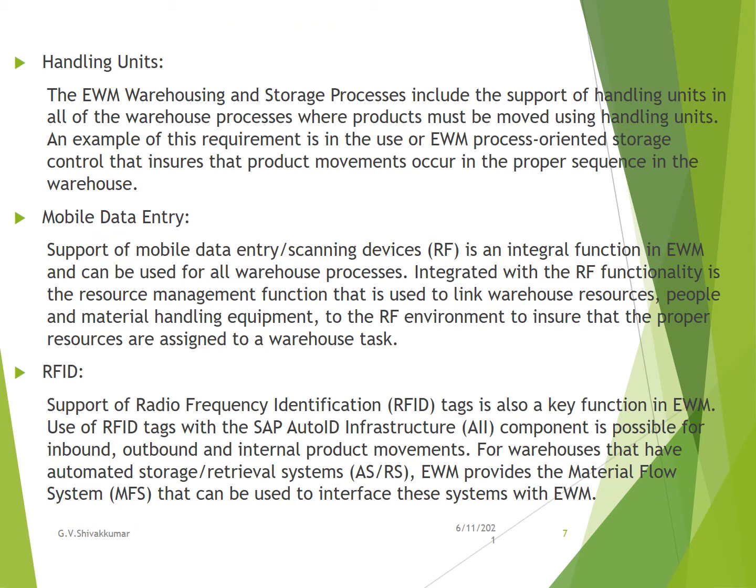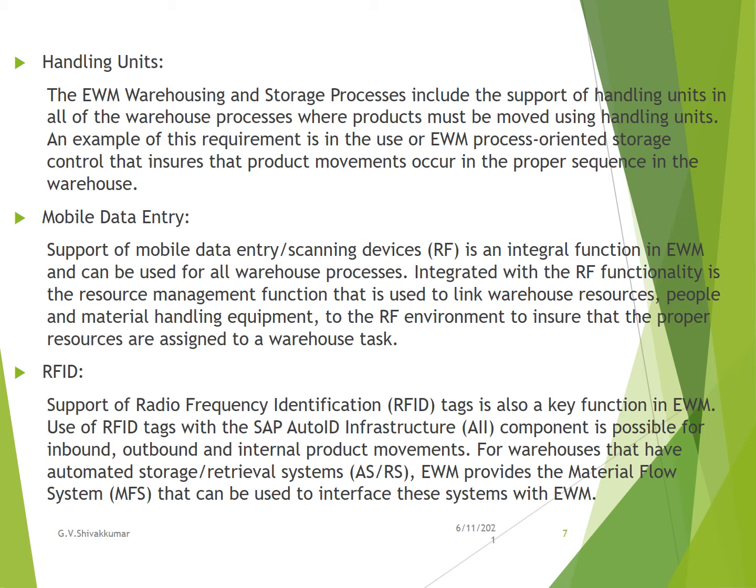The EWM warehousing and storage process includes support of handling units in all the warehouse processes where products must be moved using handling units. Examples of this requirement are the use of EWM process oriented storage controls, which require that product movements occur in proper sequence in the warehouse.